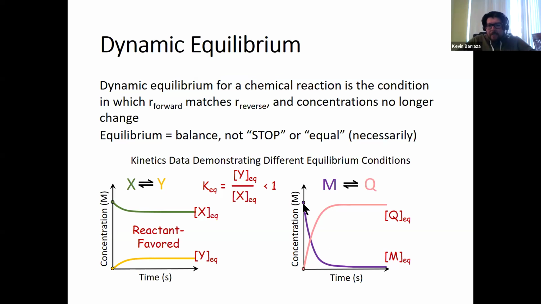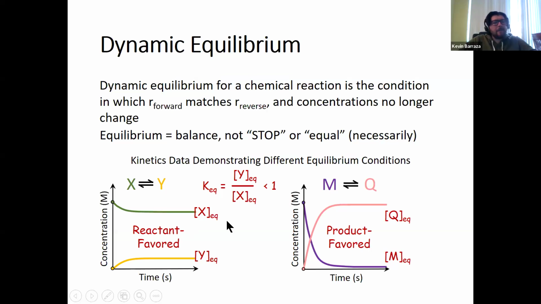So in this case, we use up all of my reactant, and I have a majority of product. So therefore, I have now a different situation. This is called my product favored equilibrium.